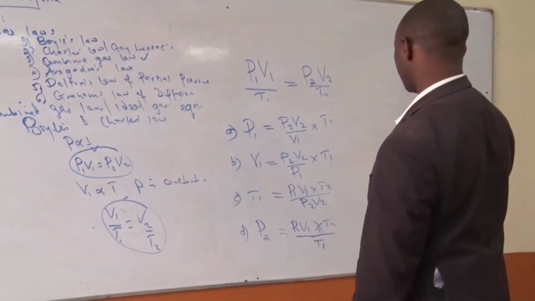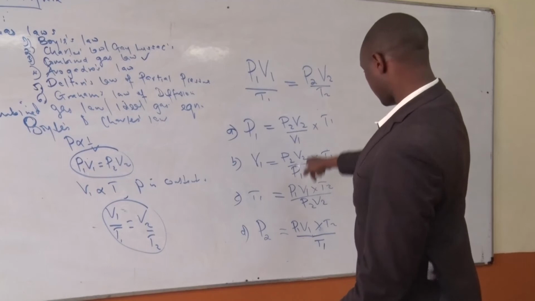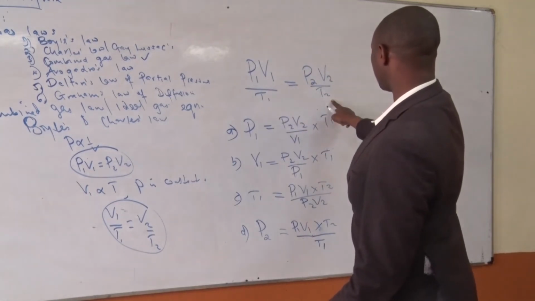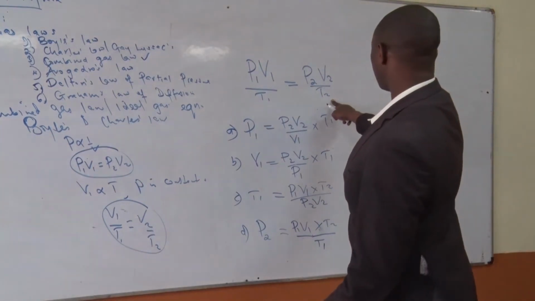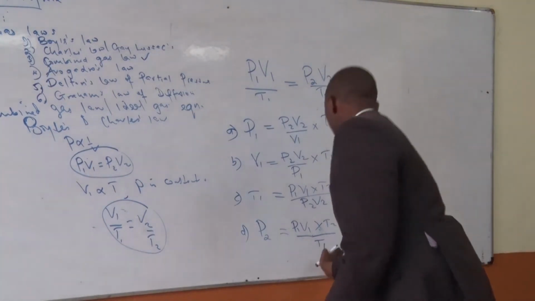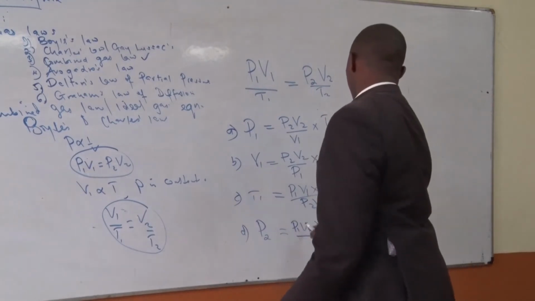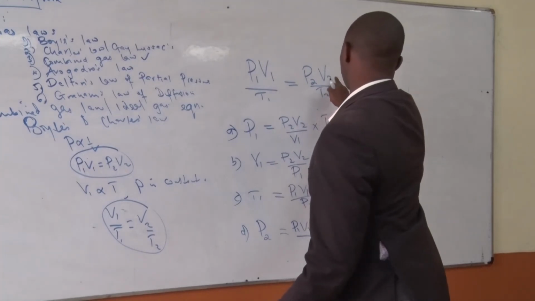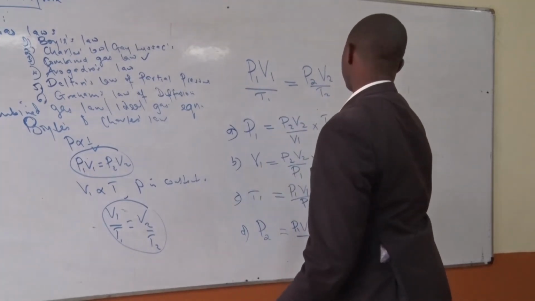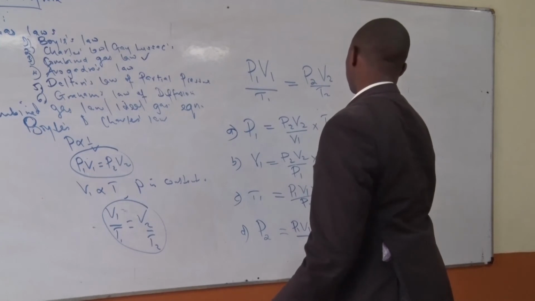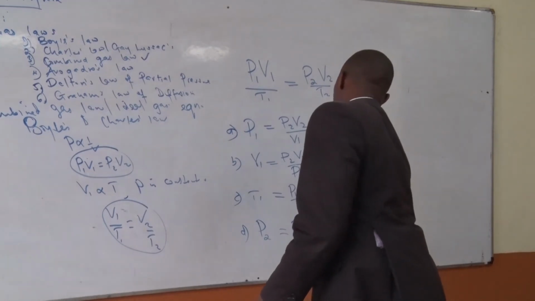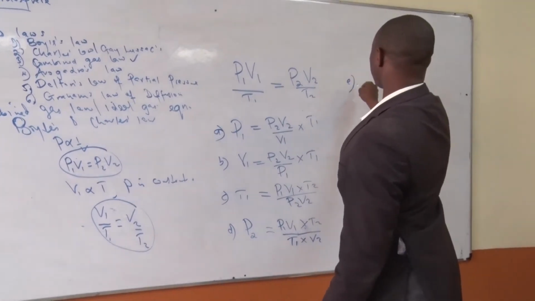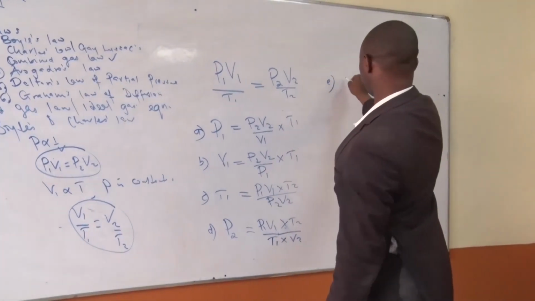There's something left. When we cross multiply, P2 is equal to P1 V1 times T2, all over T1 times V2. Let's go to the other one, that is the value of V2.